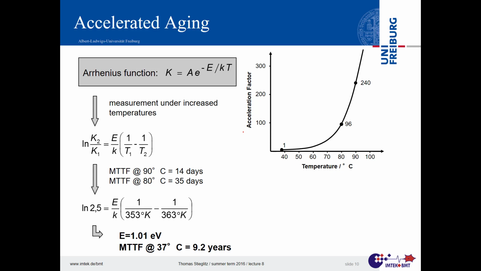That means the larger the E is, or the T, the E is dependent on the T, and that means if I make things warmer, they see more energy and they fail faster.